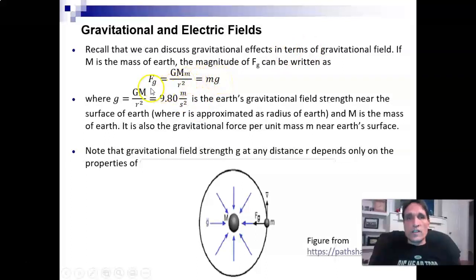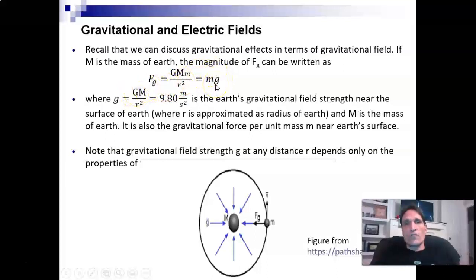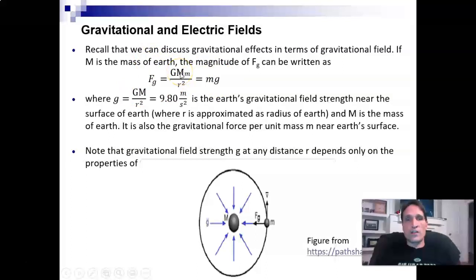Well, this little g, if you're talking about the gravitational force acting on a body due to the Earth, so in this case, big M is the Earth's mass, little m is the mass of some body moving in the gravitational field of the Earth, and r is the distance from the center of the Earth to the surface, in this case.